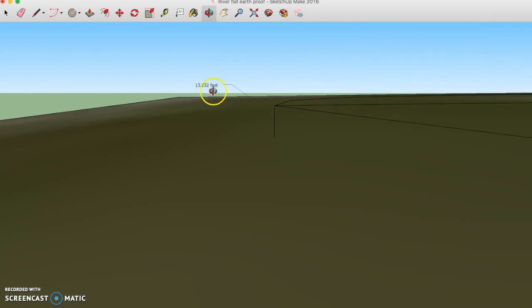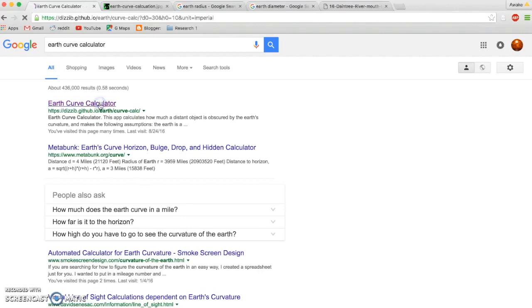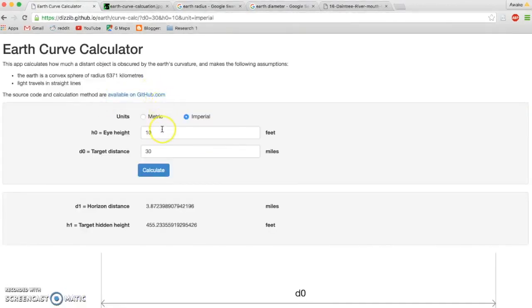So let me show you where this number comes from. Those numbers come from here. So we're back at the Earth curve calculator. We're going to check this out. We're going to set our eye height to 0, because we're looking at this from where the water of the river enters the Gulf, right down there at sea level. And the distance from the mouth of the river to my house in a straight line is 143 miles.